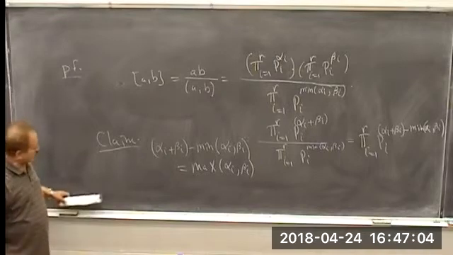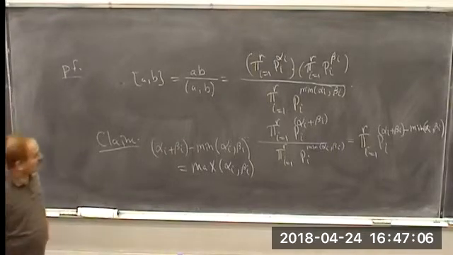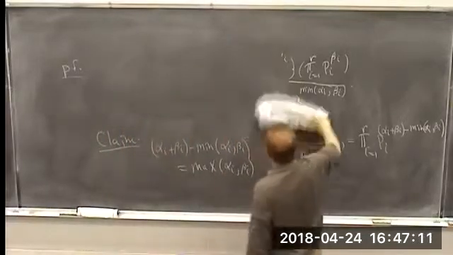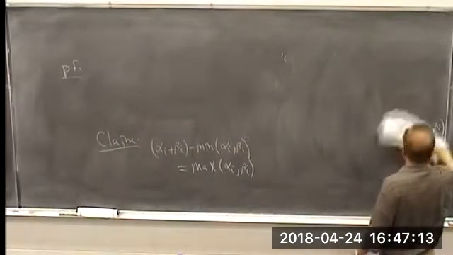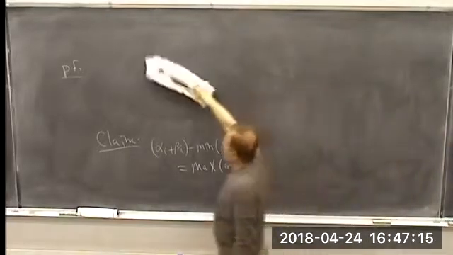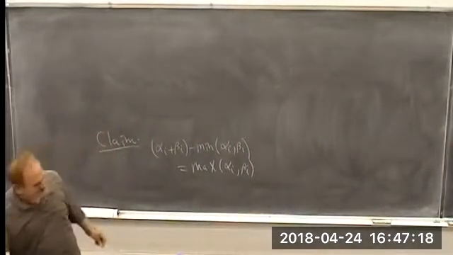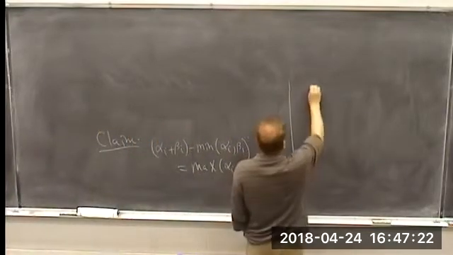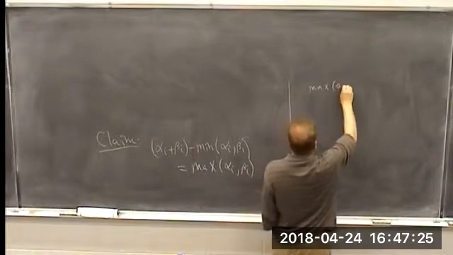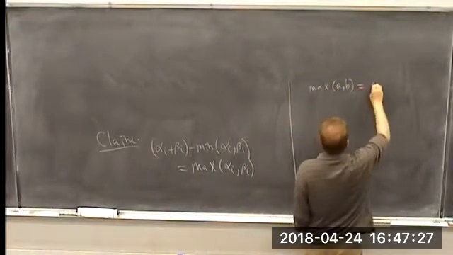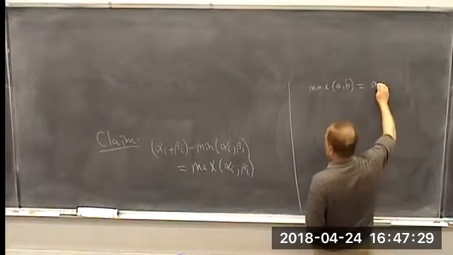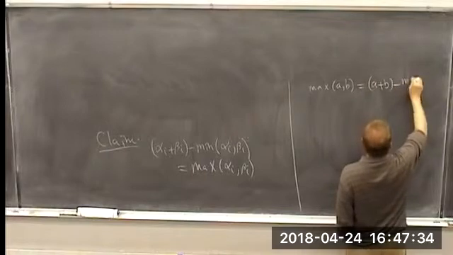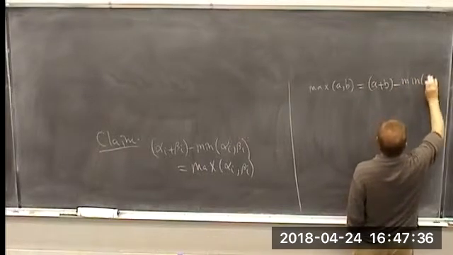We can do it for any two numbers, and this is true for real numbers as well, not just natural numbers. Remember, this is by cases if you wish. What I need to show is that the maximum of two numbers is equal to the sum of these two numbers minus the minimum.